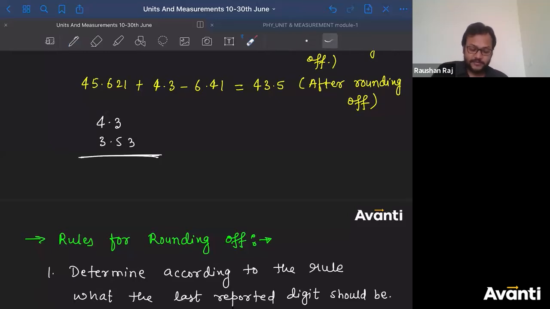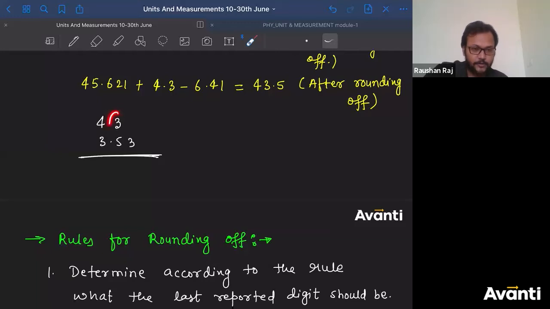If I give you a measurement like this, tell me what is this 3 here? Are you sure about this 3 digit, or is this the estimated part? Yes, correct, Ritvika. This is the estimated part. When we write it, this is the least significant digit, the estimated one.